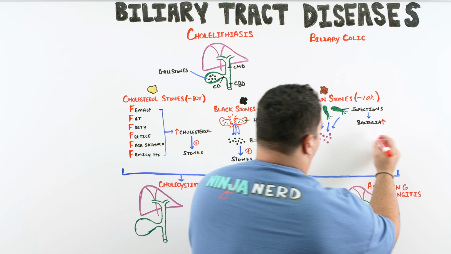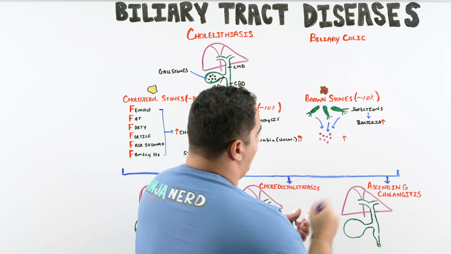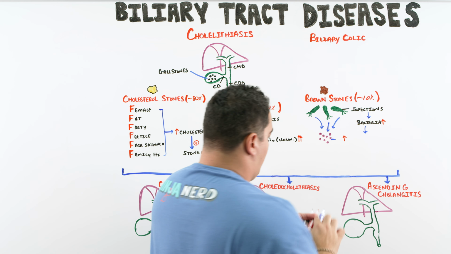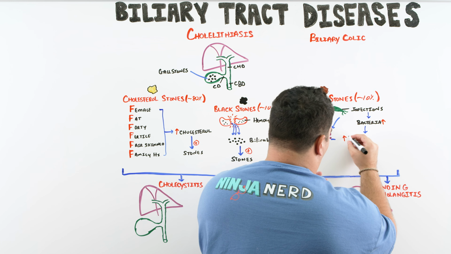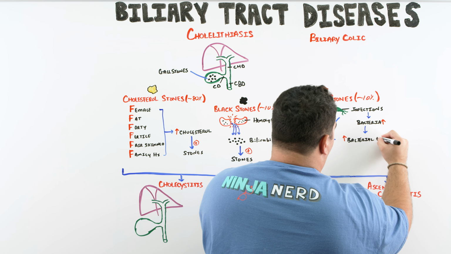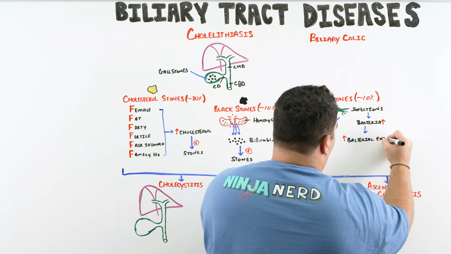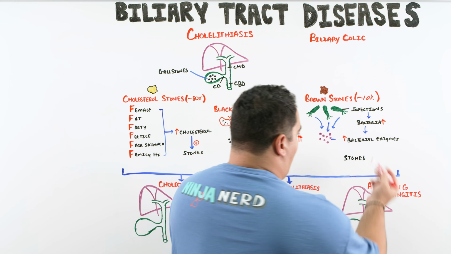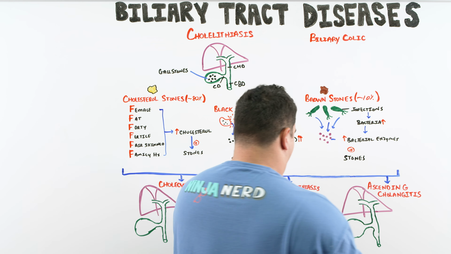So there'll be increased production of these bacterial proteolytic enzymes. These enzymes chew up some of the bile and make specific molecules that really help to increase supersaturation and precipitation and form these nasty stones. That's the same concept: you're going to get stones out of these bad boys.